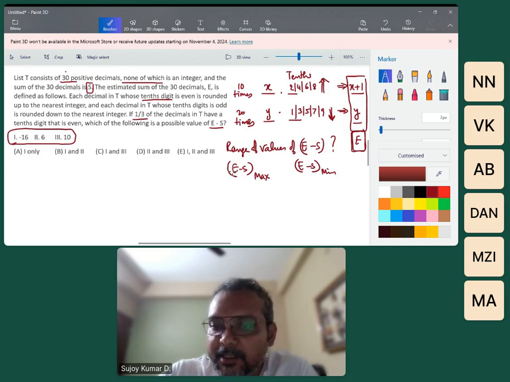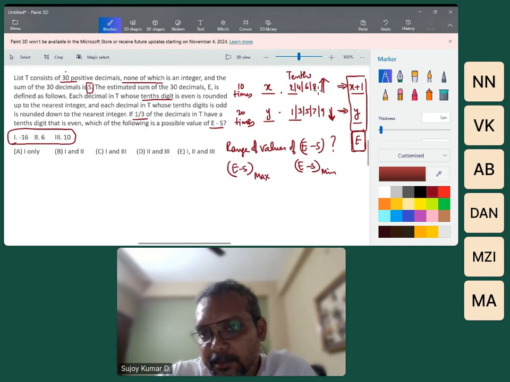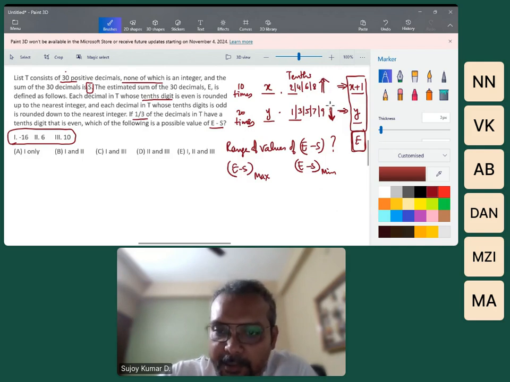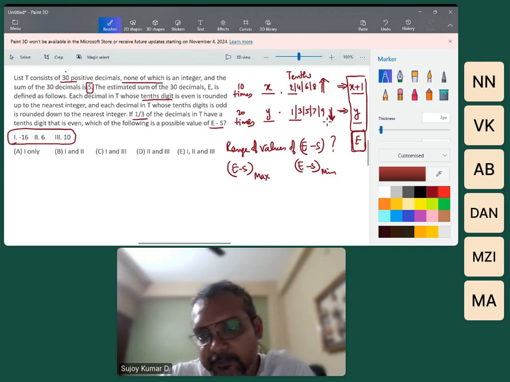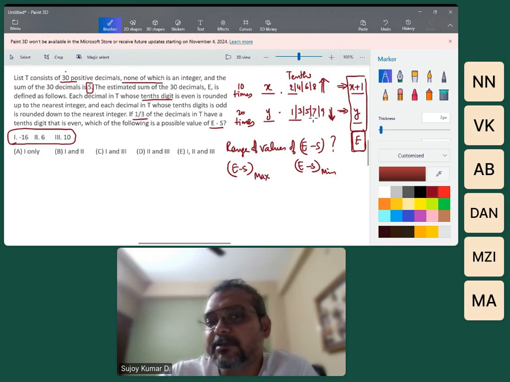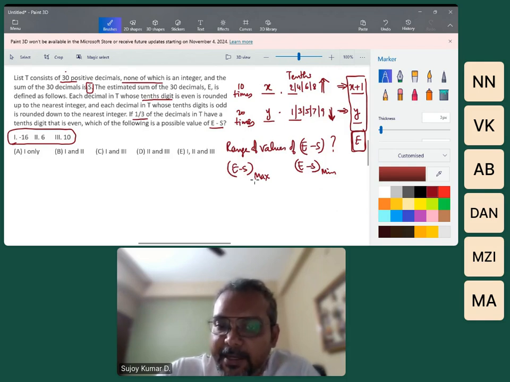So how do we find out E minus S maximum? For this to happen, rounding up should happen more, rounding down should happen by a lower quantity. So to maximize this, what we will do is we'll round up by a big amount.